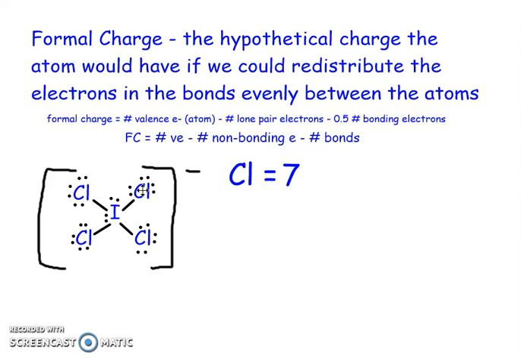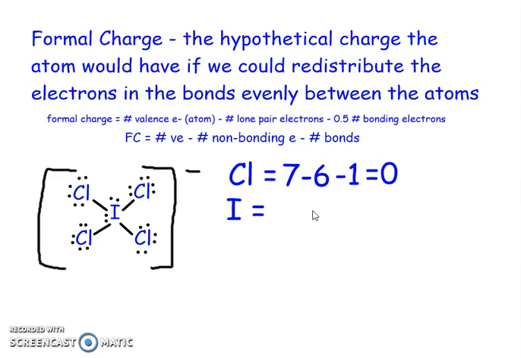Each chlorine has 3 pairs of non-bonding electrons, so that's 6 electrons. So 7 minus 6, and then it has a single bond to iodine, so minus 1 for one bond, or 1 for half of the 2 electrons that are being shared. So 7 minus 6 minus 1 gives us 0, so the formal charge on chlorine is 0.